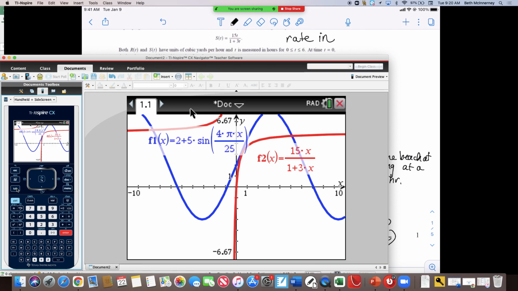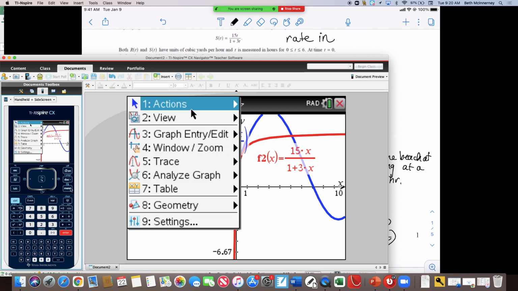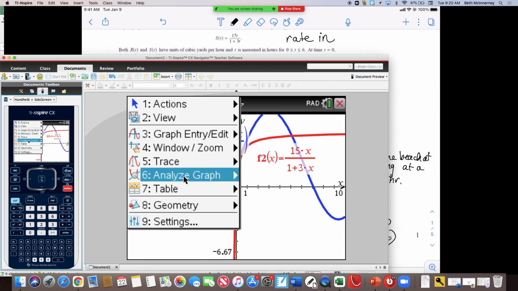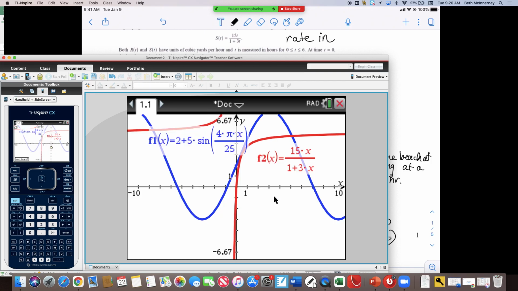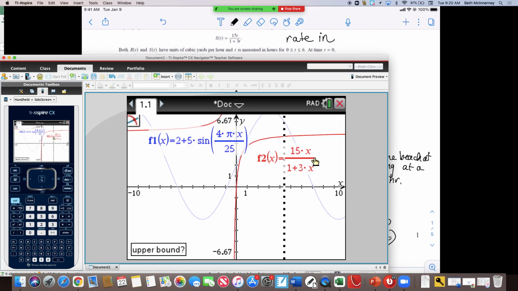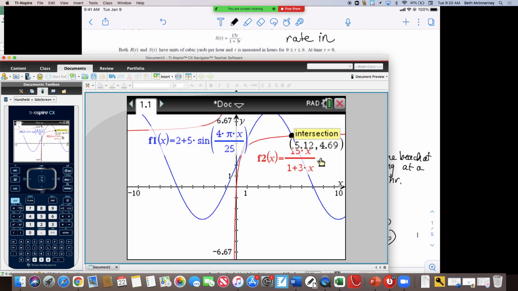And then between 0 and 6, we're looking for the intersection. So you just do menu, analyze, and intersection. So I'm getting 5.